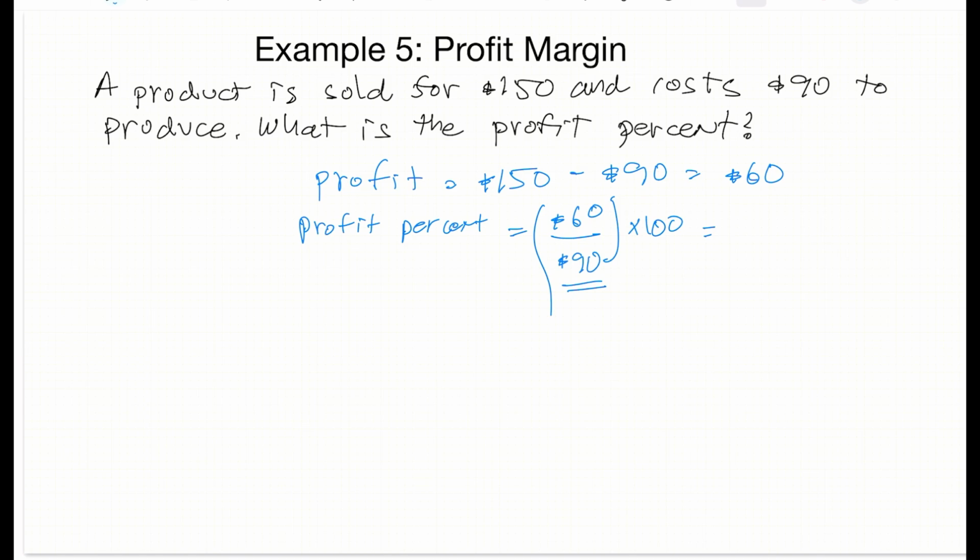So that's going to be 60 divided by 90 times 100, which is going to be equal to 66.67%. So that's going to be our profit margin, how much we're going to make by selling a product that costs us $90 to produce and selling it for $150.